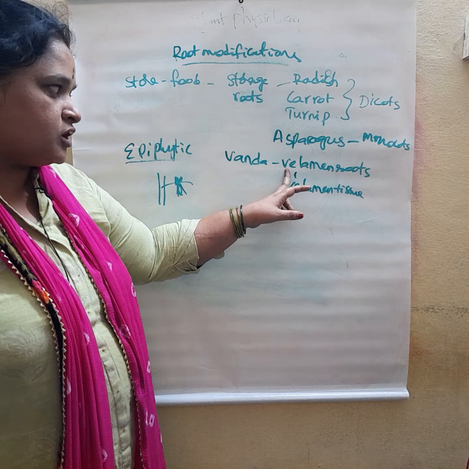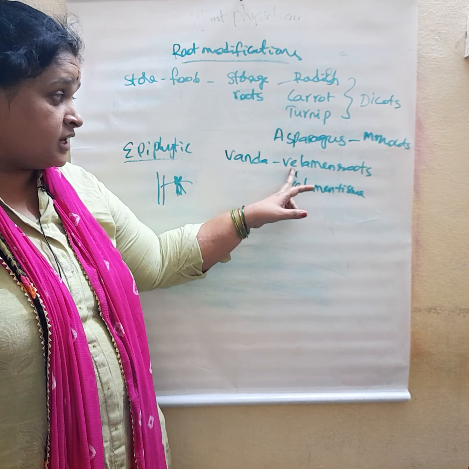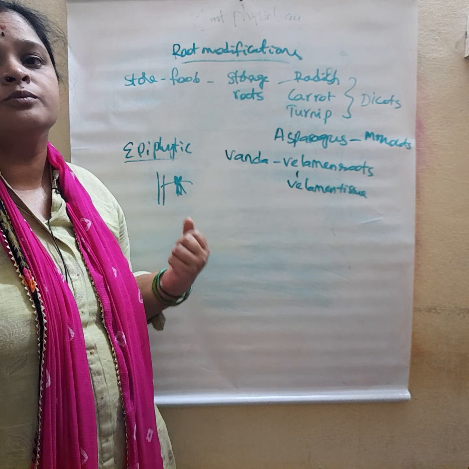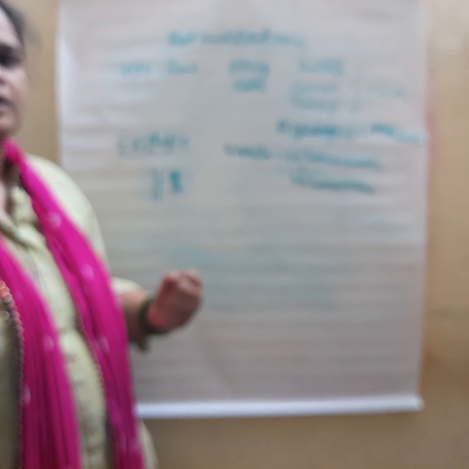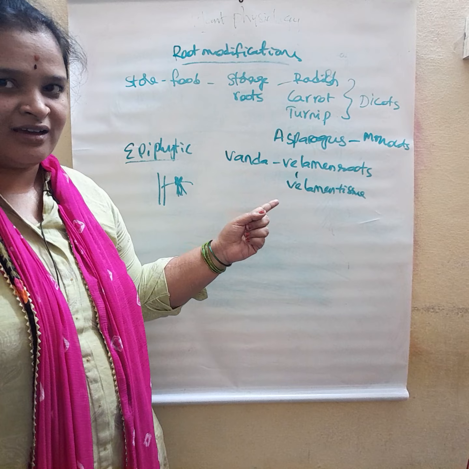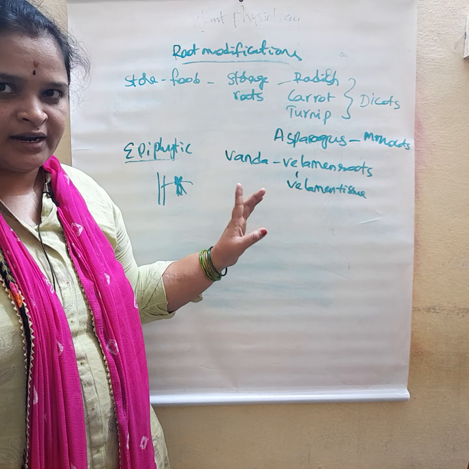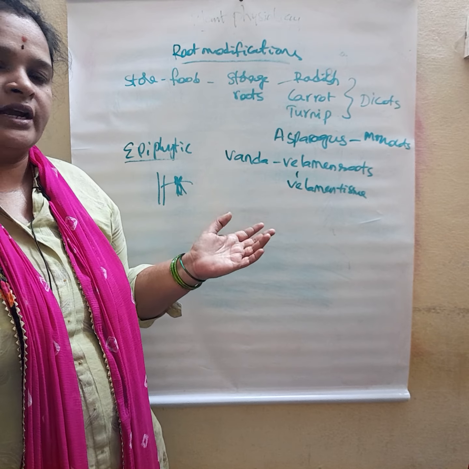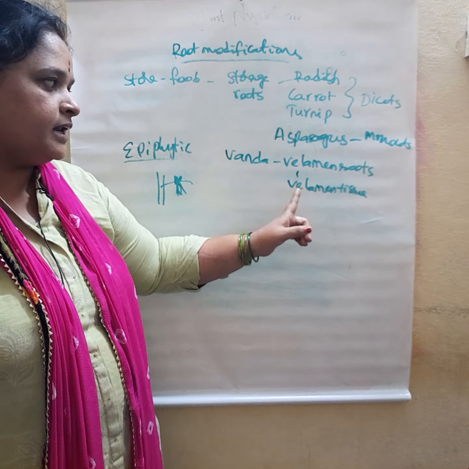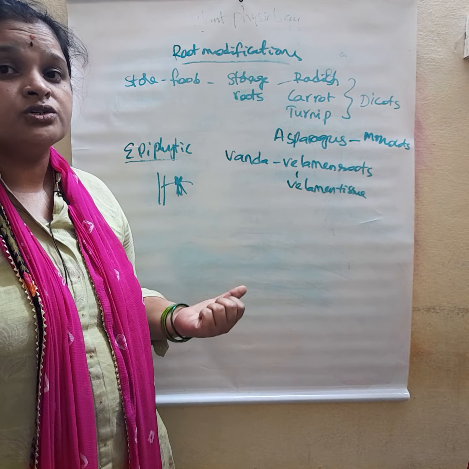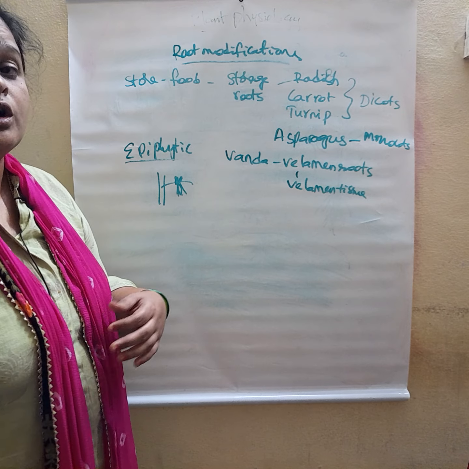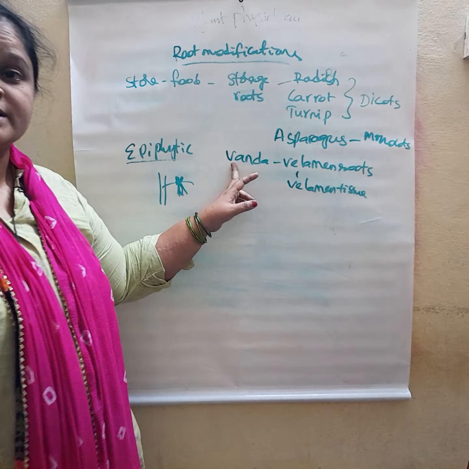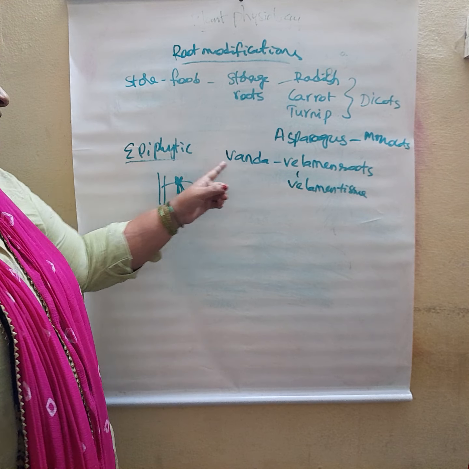So they have specialized roots called velamen roots. Velamen roots help in absorption of moisture from the environment. So it is other than anchorage and other than water and mineral supply, right? So not exactly the function of the root, right? So they are called velamen roots and have velamen tissue which helps in the absorption of moisture from the environment. And example is vanda, epiphytic vanda.